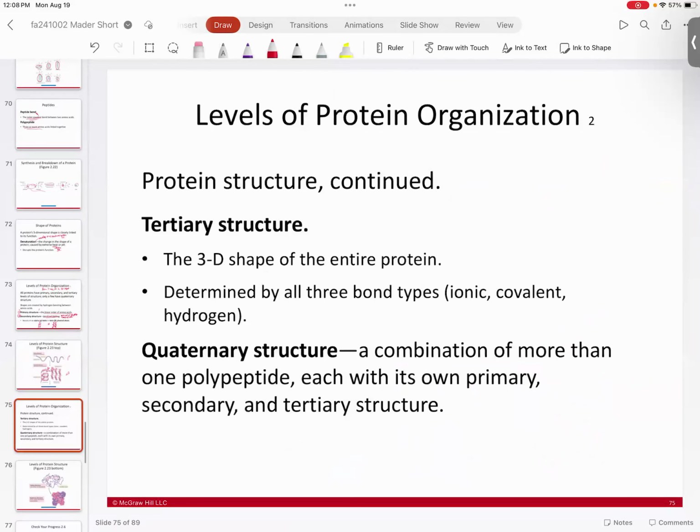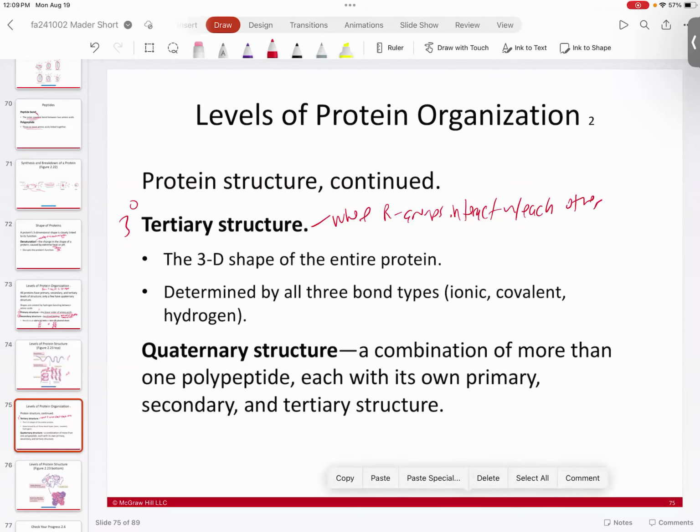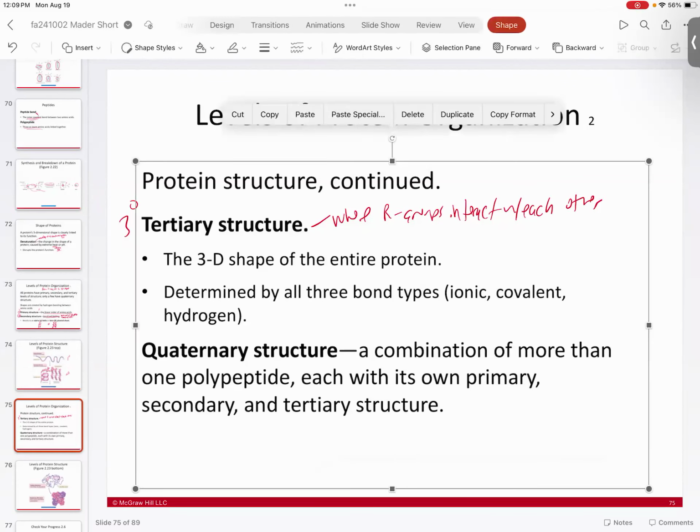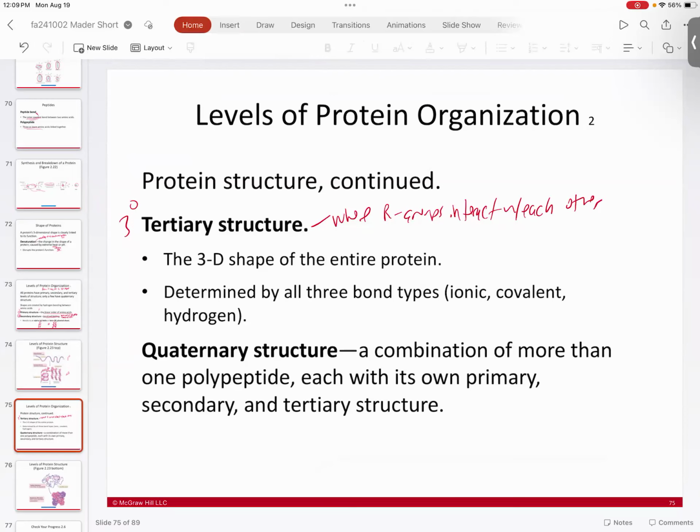Then we're going to move into tertiary, which is going to be this one. So this is basically where the R groups interact with each other to give you the 3D shape of the entire protein. And so you'll have ionic bonds, covalent bonds, hydrogen bonds.